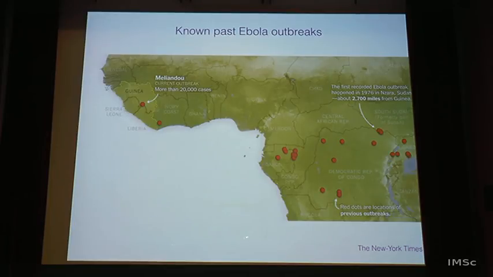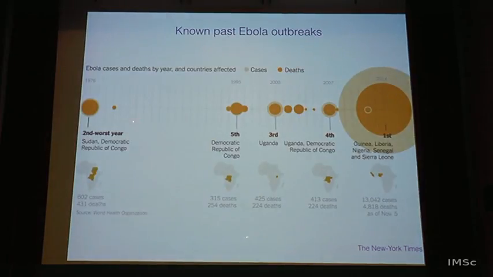Now if I look at all these outbreaks and put them on a timeline, the size of the dots corresponds to the size of the outbreaks. Here you see the first outbreaks reported, in 1976. There were 2 epidemics, one in Sudan, one in DRC. Then we had to wait quite a bit of time before seeing epidemics become more frequent, around the mid-90s.